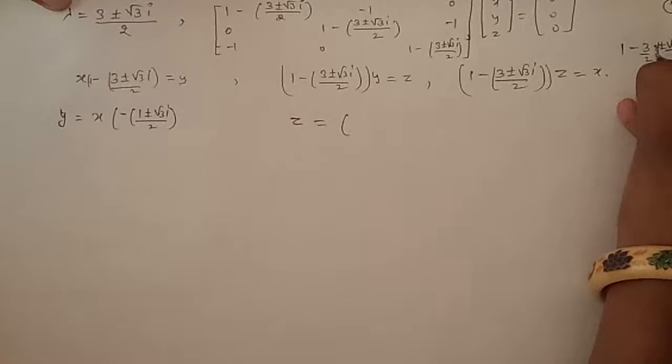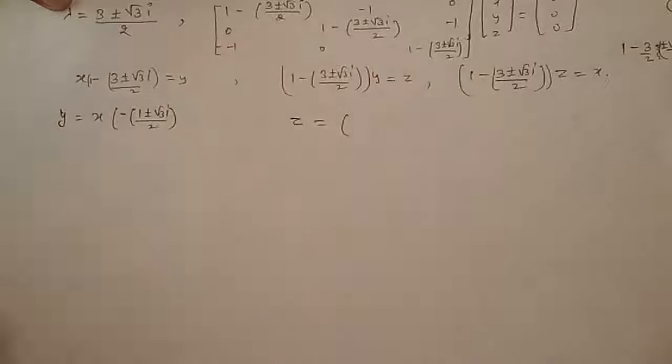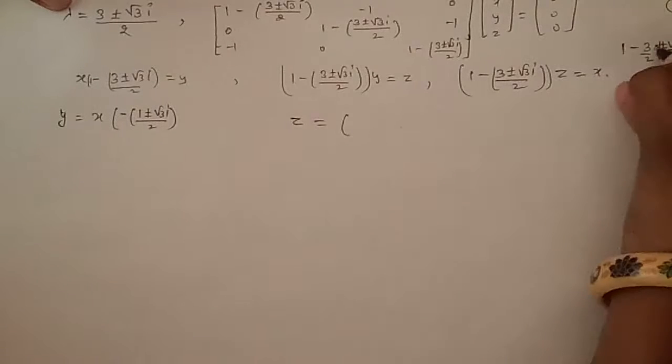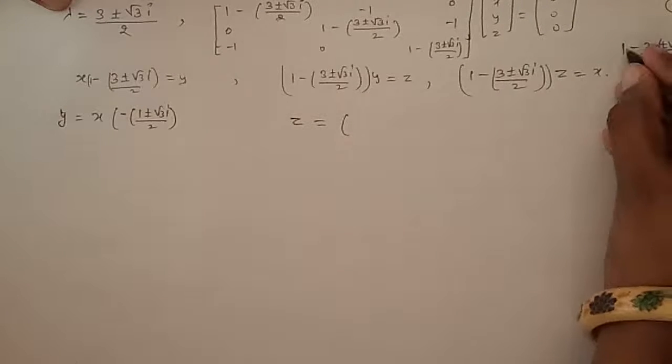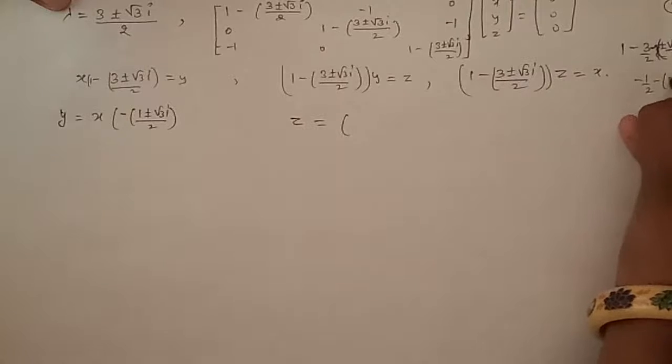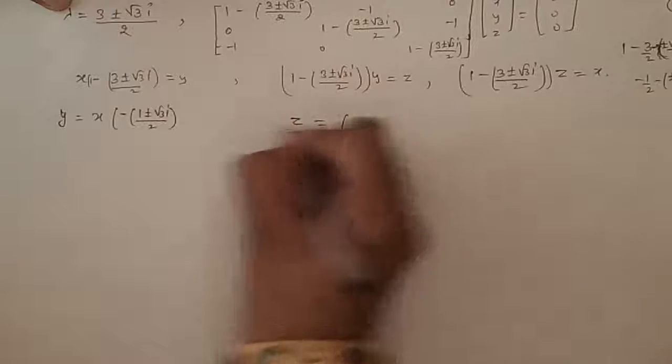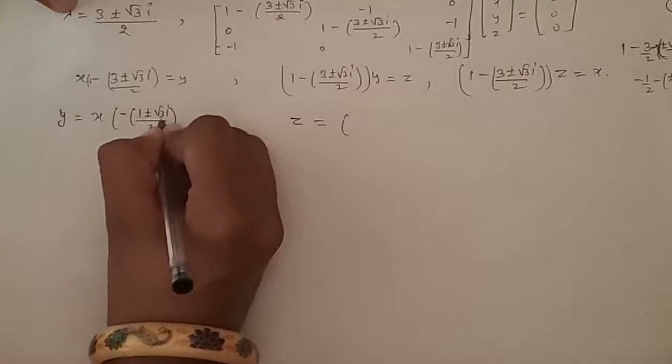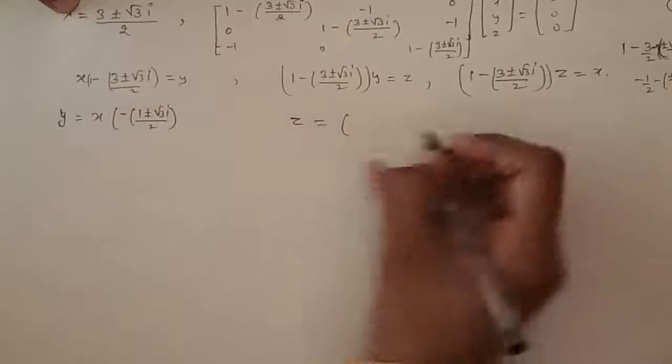So 1 plus and minus this. So 2 ones are 2, minus 1 by 2 minus plus and minus root 3i by 2. So this becomes (minus 1 plus and minus root 3i) divided by 2.